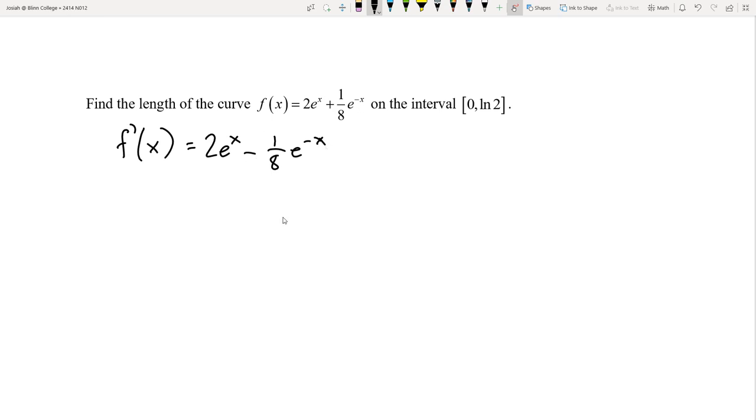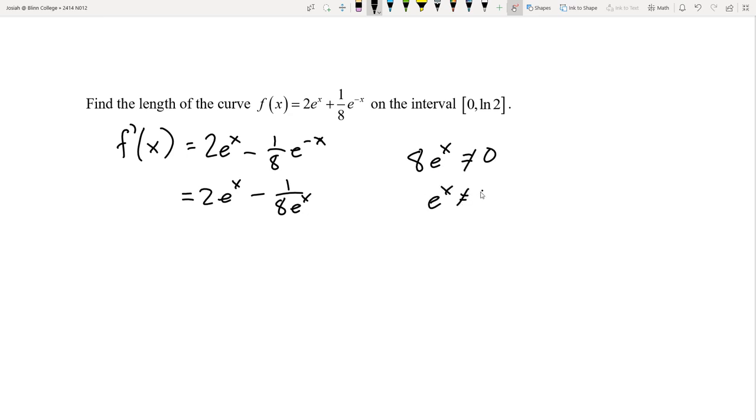Right? And e to the x is nice and continuous, right? So we'll go ahead and write this out as minus 1 over 8 e to the x, so that we can study what's happening in that denominator. E to the x by itself is continuous everywhere, right? So we just want to make sure that this denominator is not equal to 0.